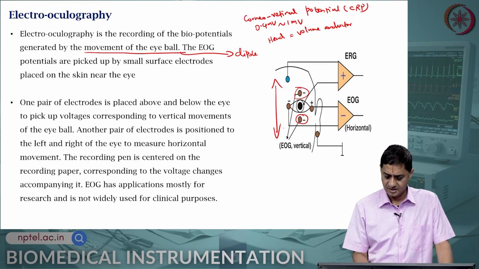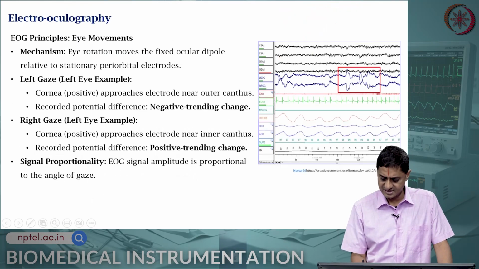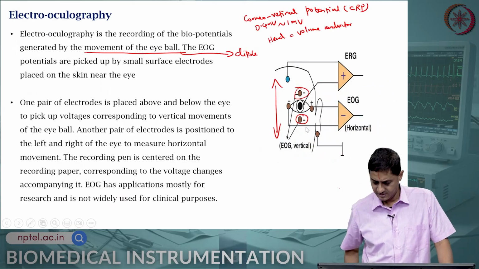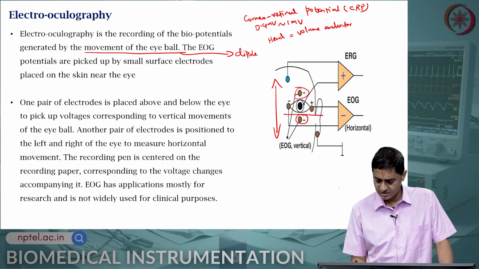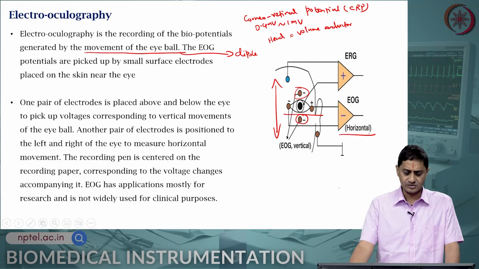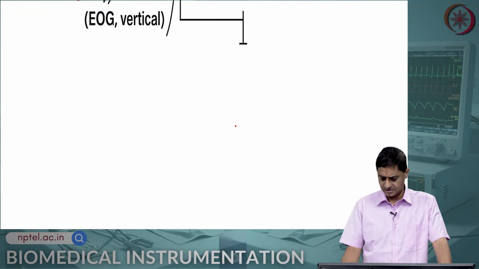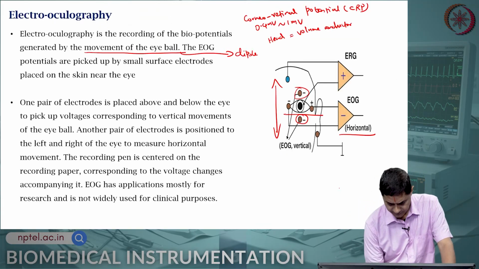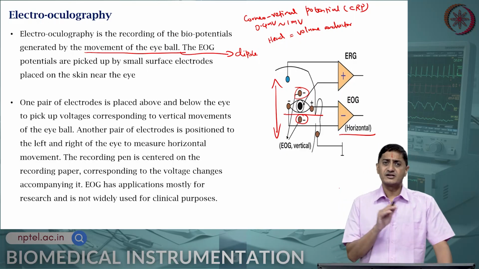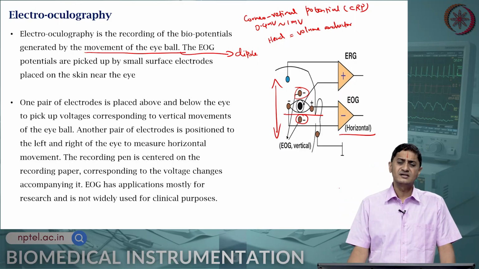And to pick up the horizontal movement, you have another pair of electrodes that are placed to the left and right of the eye.